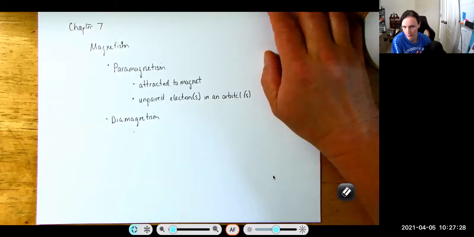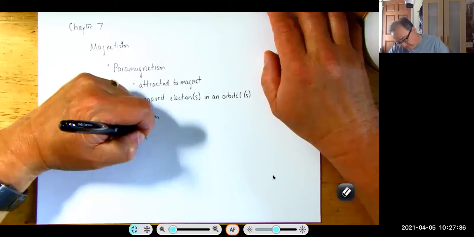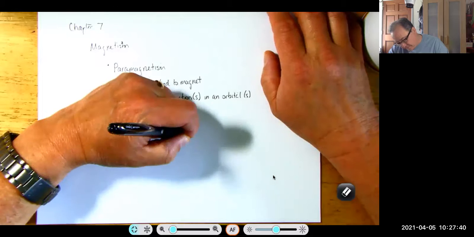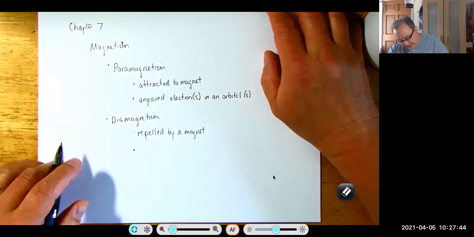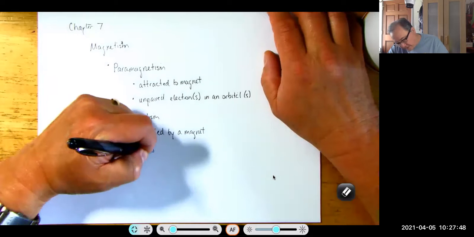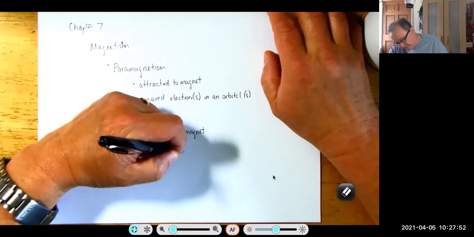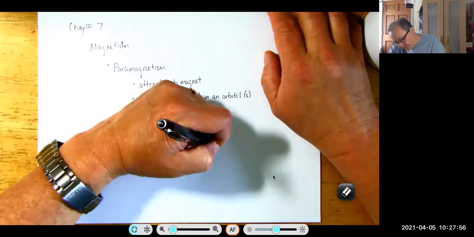They're all paired and they repel. Repelled by a magnet. And it's just slightly repelled by a magnet. And all paired electrons in orbitals.